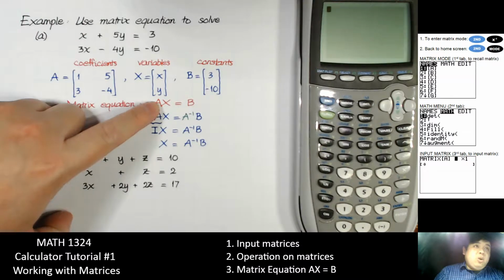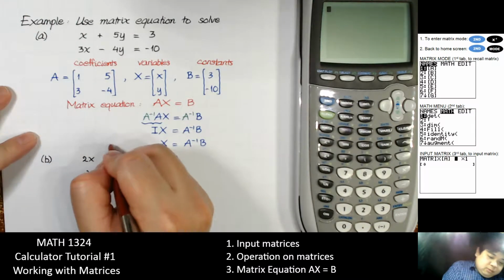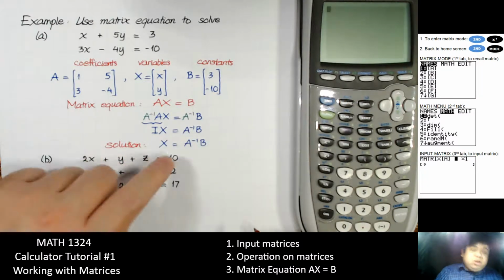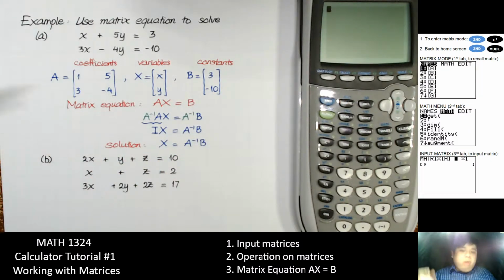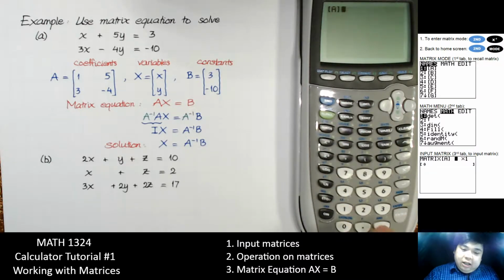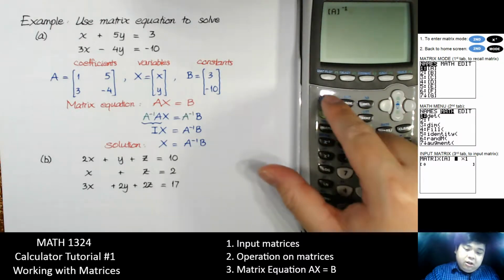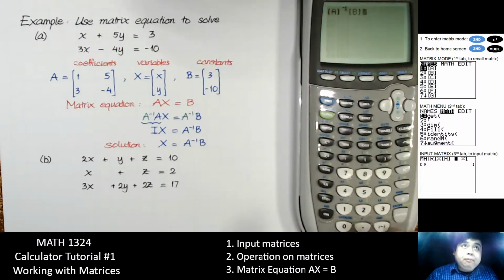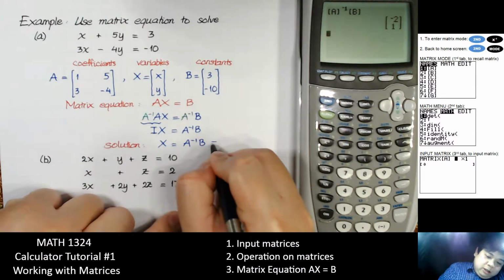For the matrix equation AX equal to B, the solution is A inverse times B. So we put the matrix A inverse times the matrix B, and we have that.